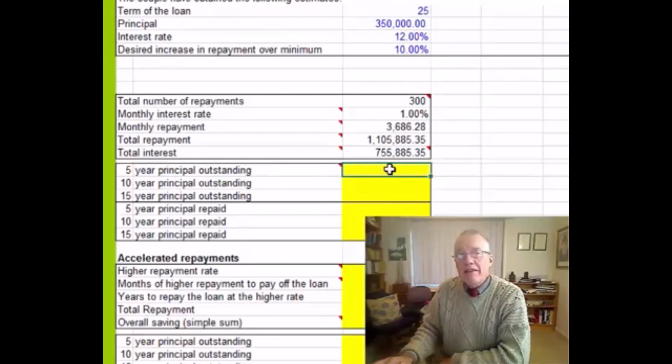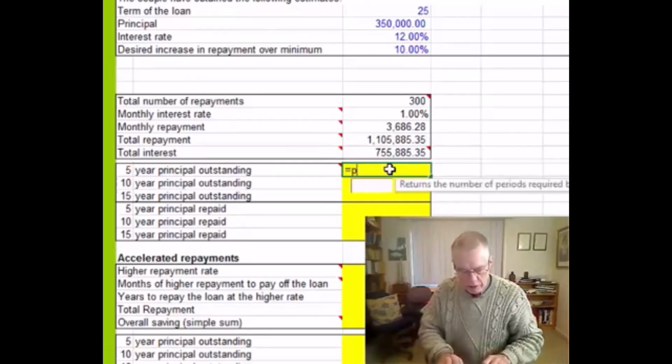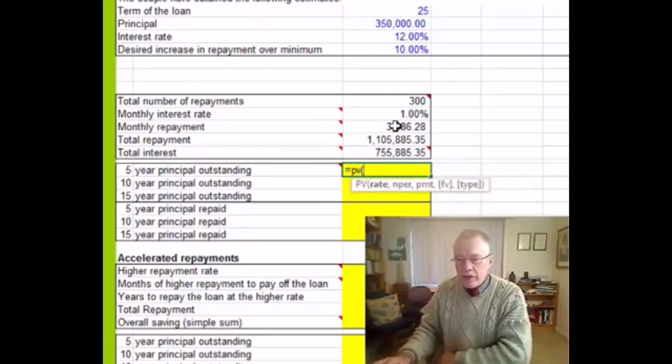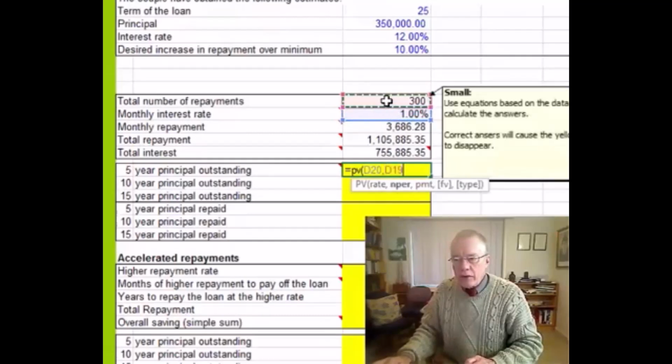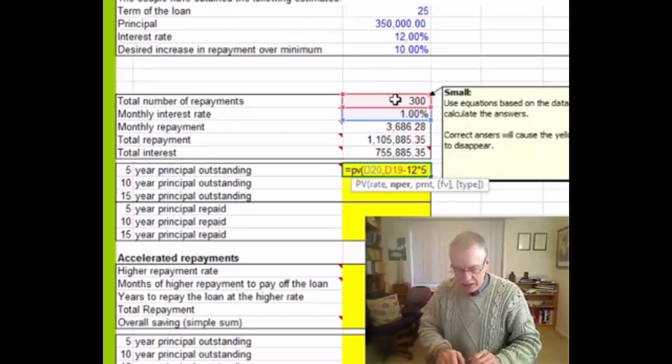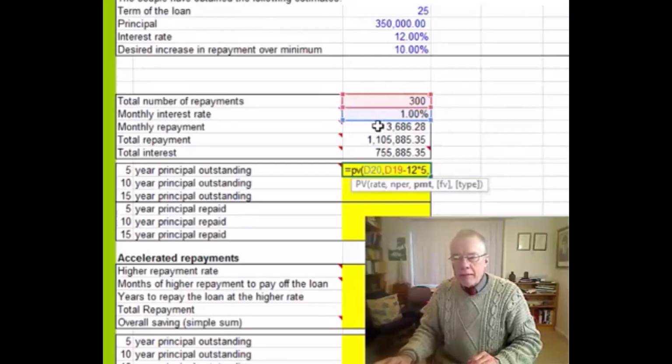That's using the Excel PV function, which we will use, PV, open brackets. The rate is 1%. Now the number of periods here is 300, which is the number I've calculated above, minus 12 times 5, or I could have simply put in 60. And then the monthly payments.